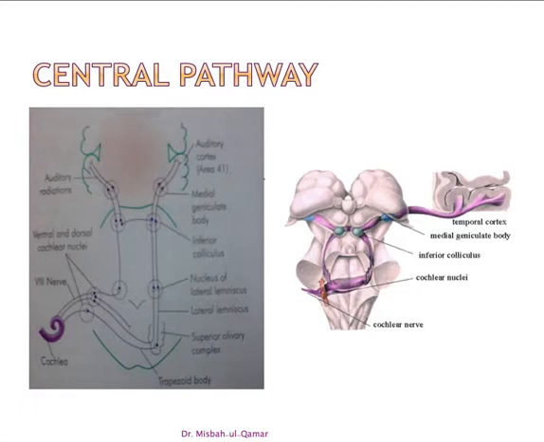Now what are these four directions? They cross the midline and they reach the opposite side trapezoid body and then to the superior olivary complex here.